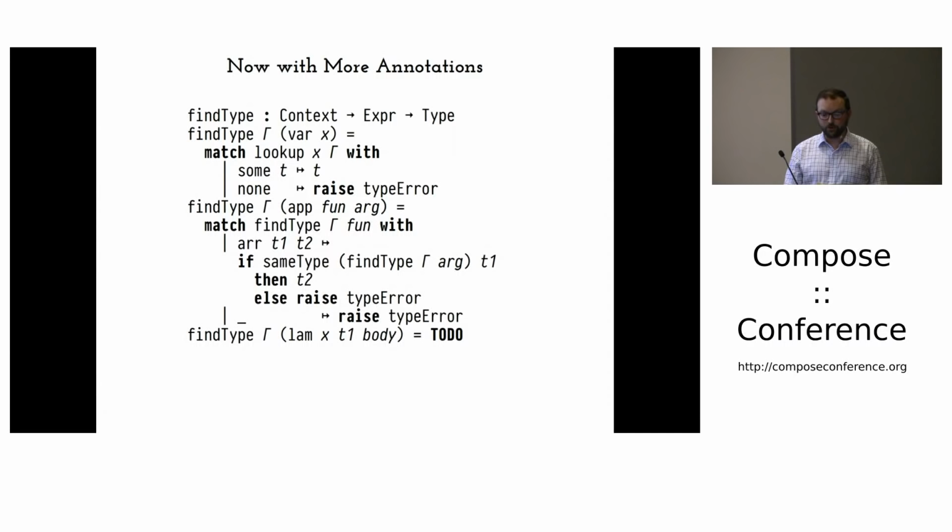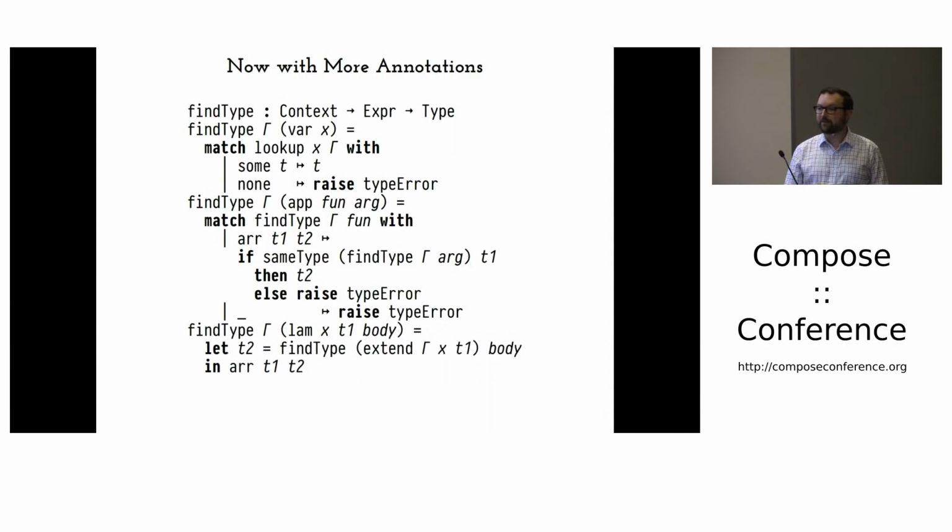The application rule remains the same because there's no more work to do than before. But lambda, we can now extend the context with the type that the user specified, T1. And then we can find the type of the body, and when we're done, we return the type arrow T1, T2, because it's a function from T1s to T2s.